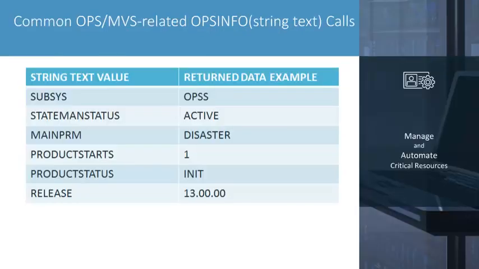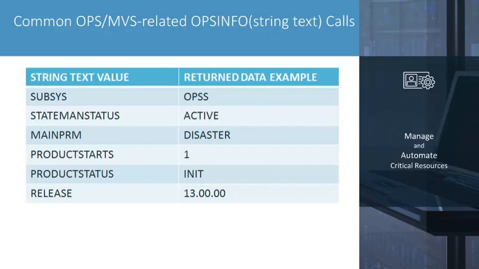Here are some commonly used OPSINFO function calls used to interrogate the OPSINVS environment. A string text that subsys to the function would return the subsystem name of the currently running OPSINVS region. The status of the System State Manager component, or SSM, can be obtained via the stateManStatus string. The main_parm argument can be invoked to determine what value was used to start the OPSINVS region.